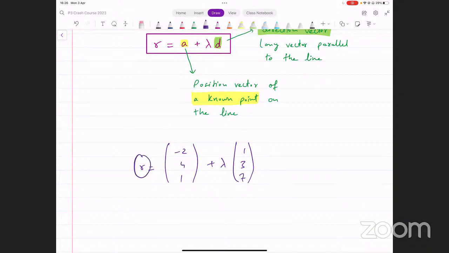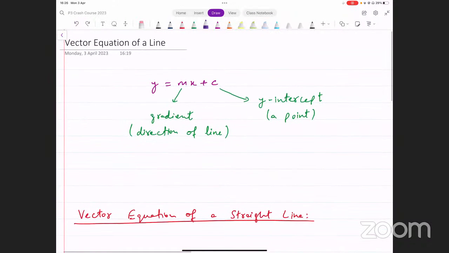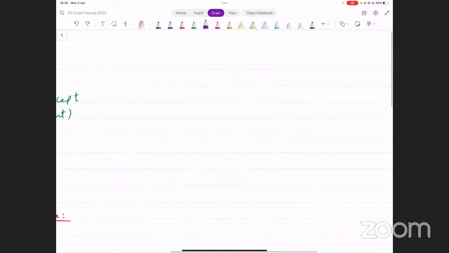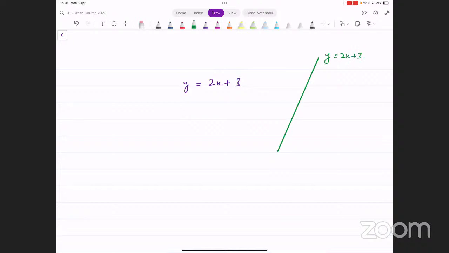Now, what about R and lambda? Remember in this coordinate geometry form that we used to have earlier, if we had an equation like y equals 2x plus 3, we did not write down any value for x and y here, because what we mean by this equation is that every point on this line is going to satisfy it. So how do you get different points on this line?